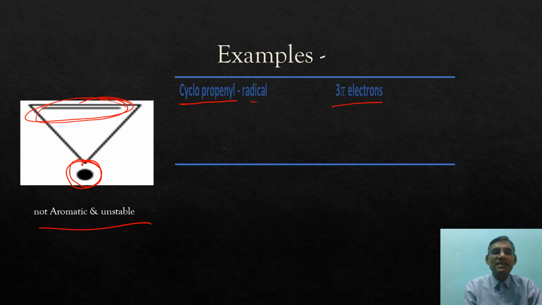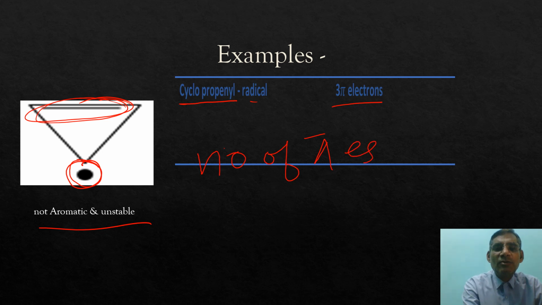Here conjugation is there, but Hückel's rule is not followed. What is Hückel's rule? The number of pi electrons is equal to 4n plus 2. Here the number of pi electrons is 3, and since the pi electrons are less than 6, n will be equal to 0.